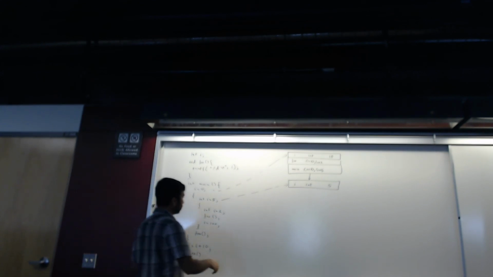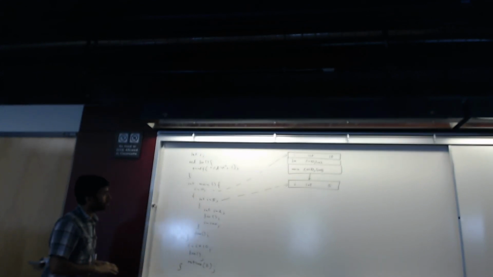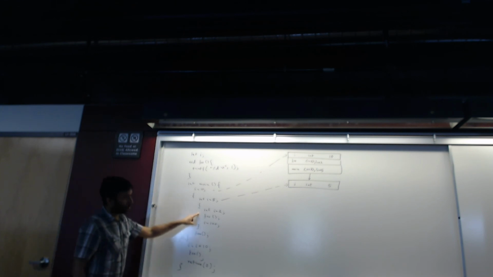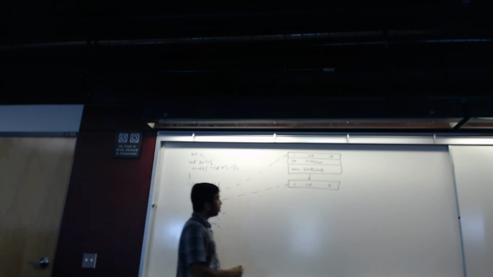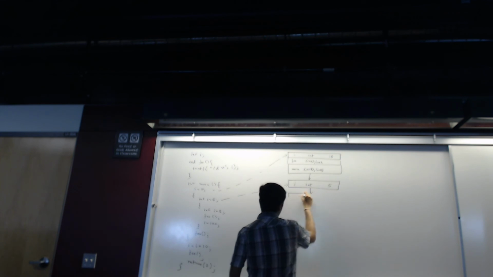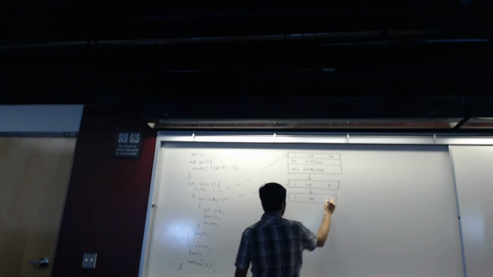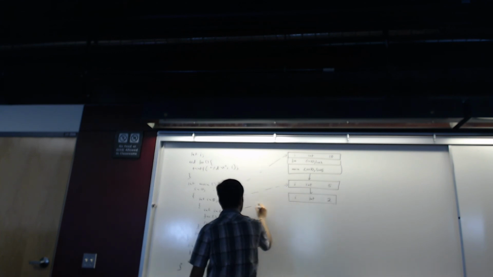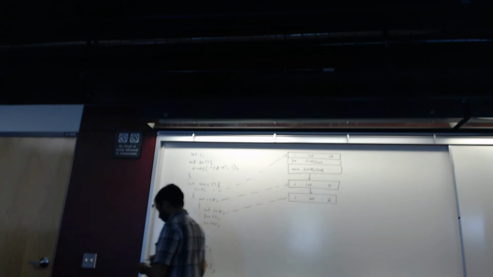Then we have another scope. The moment we have another scope, we have another arrow and we say int I, the value is 2. So this one goes here.